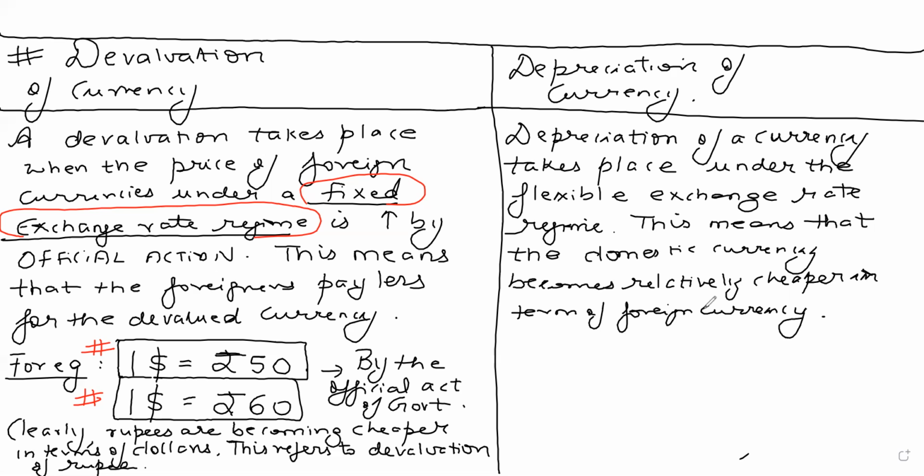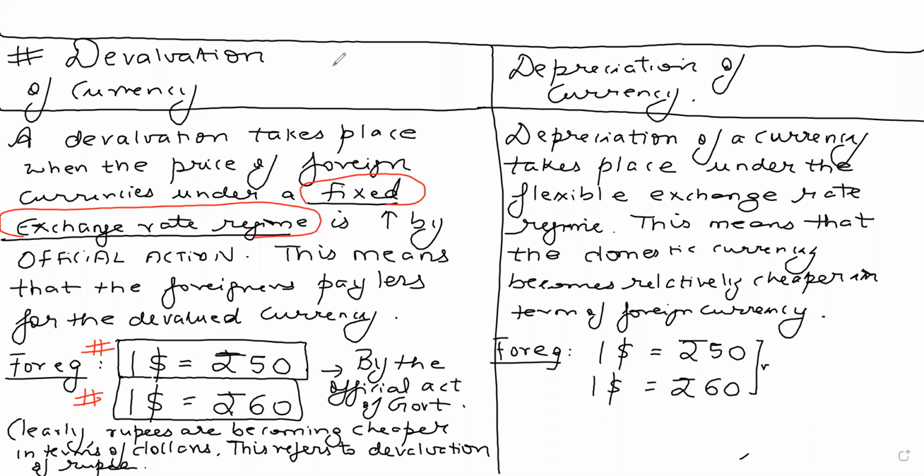So again, guys, the example will exactly remain the same. No change in the example. For example, suppose $1 initially was 50 rupees, and now $1 becomes hypothetically 60 rupees. Now again, in this particular case, this is not happening because of official act of the government.